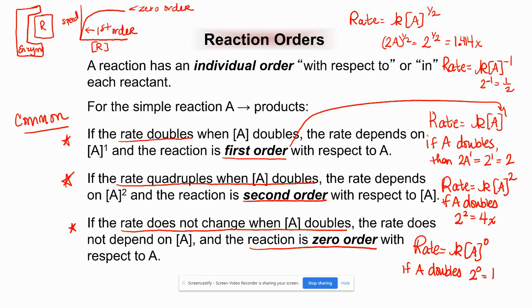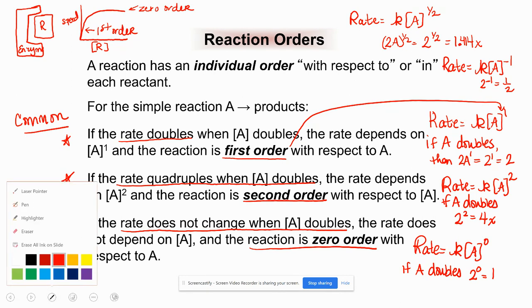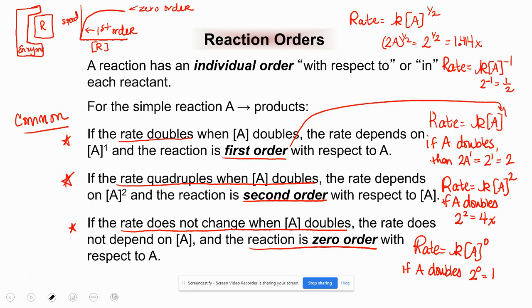Those are unusual, but I just want you to be aware that when we talk about zero, first, and second order, they are common reaction orders. One last thing is that this whole idea of doubling is fine, but hopefully you can understand, since they're just exponents, doubling makes it easy, but it doesn't always have to double.